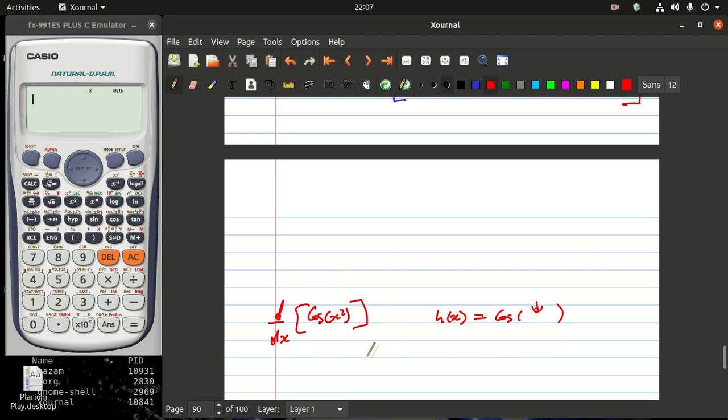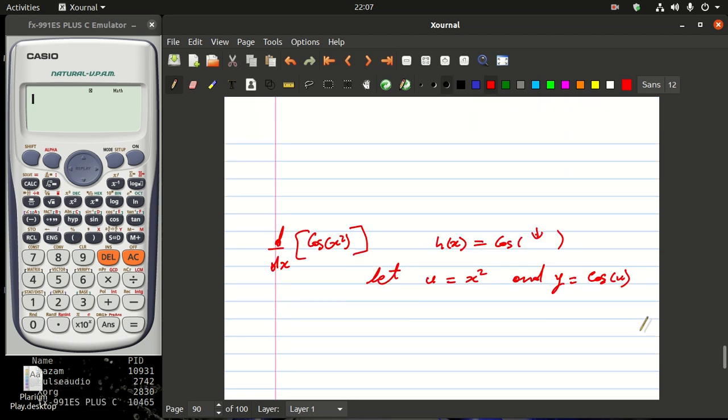So what I'm going to do here is let u equal that something sitting inside here, which is x squared, and my y is I'm going to replace that whole thing by u, so I'm going to just have cosine of u.